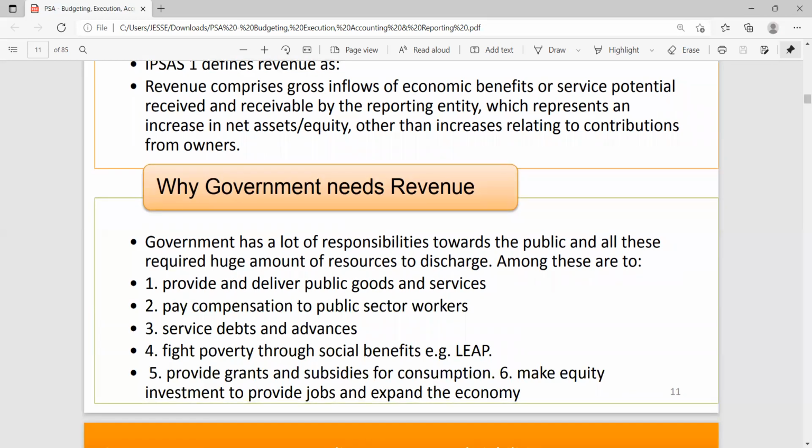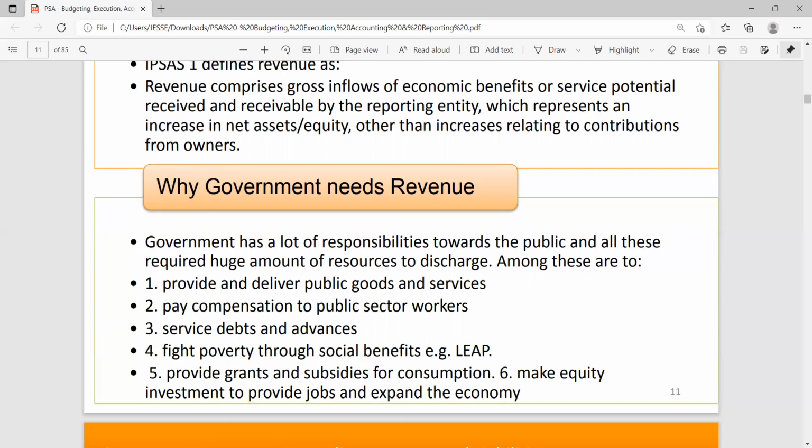Among these are to provide and deliver public goods and services. They must also pay compensation to public sector workers. It's very important. Anybody who works for the government needs resources to be paid.